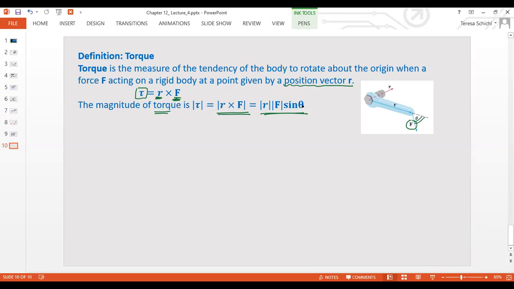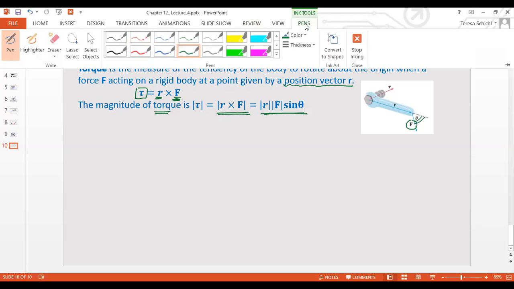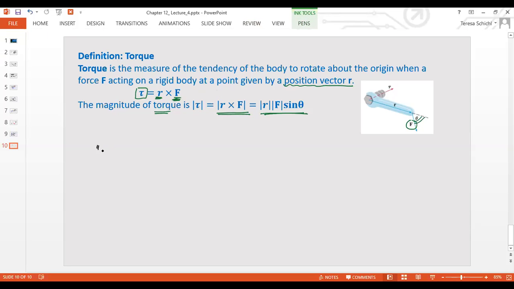Do you remember in lecture number 3, we used the dot product to find the work, right?